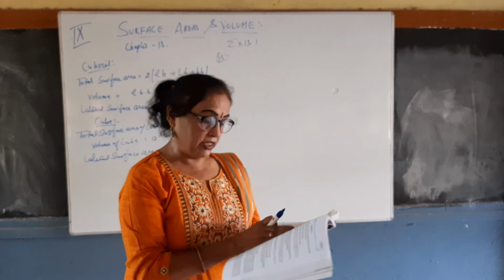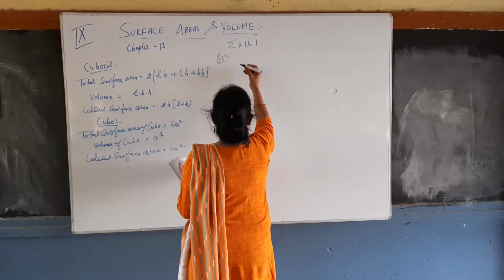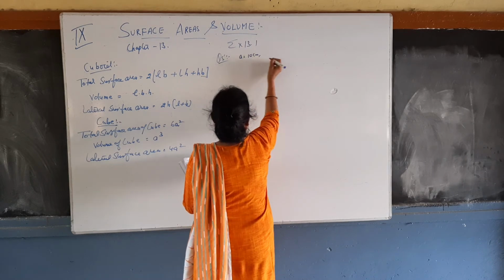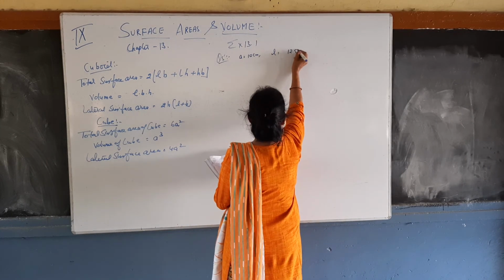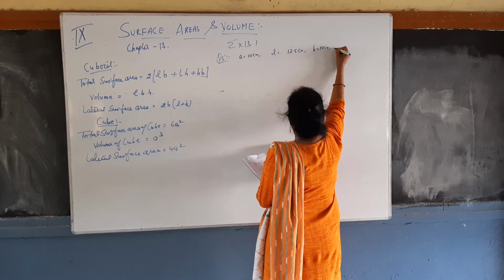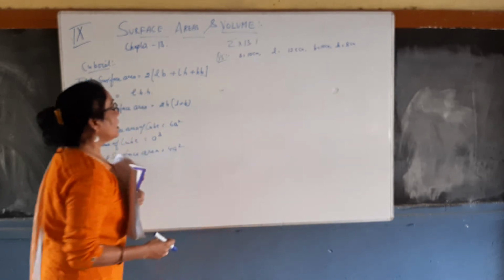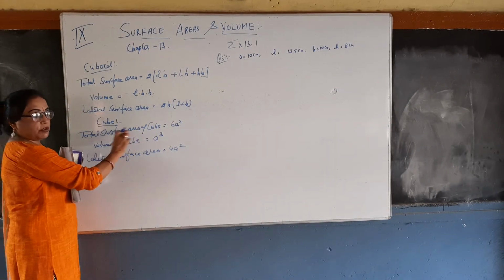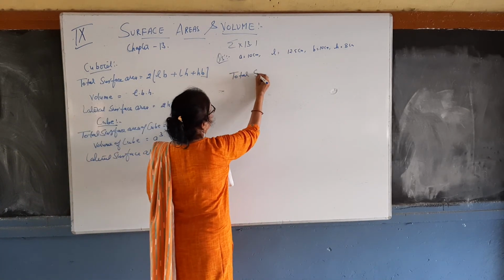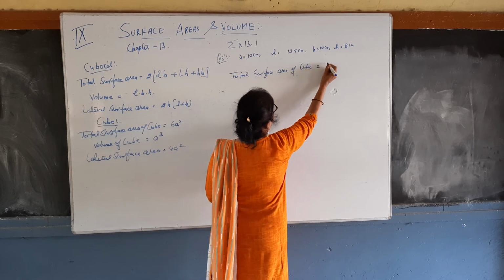Again, what is the second part here? Which box has smaller total surface area? Now we have to find the total surface area. Again the same: A is given 10 centimeters, L 12.5 centimeters, B 10 centimeters and height 8 centimeters. First we will find the total surface area of cube, which is 6A square.